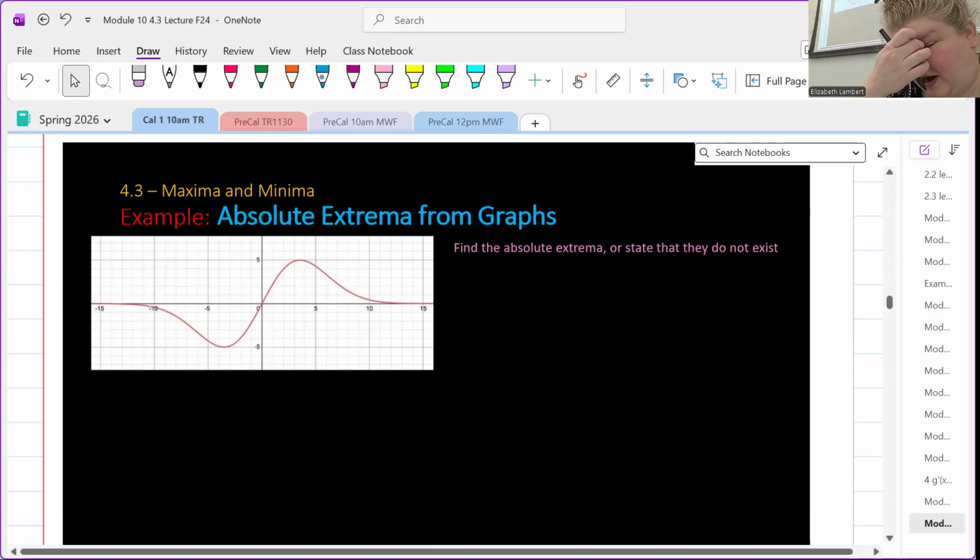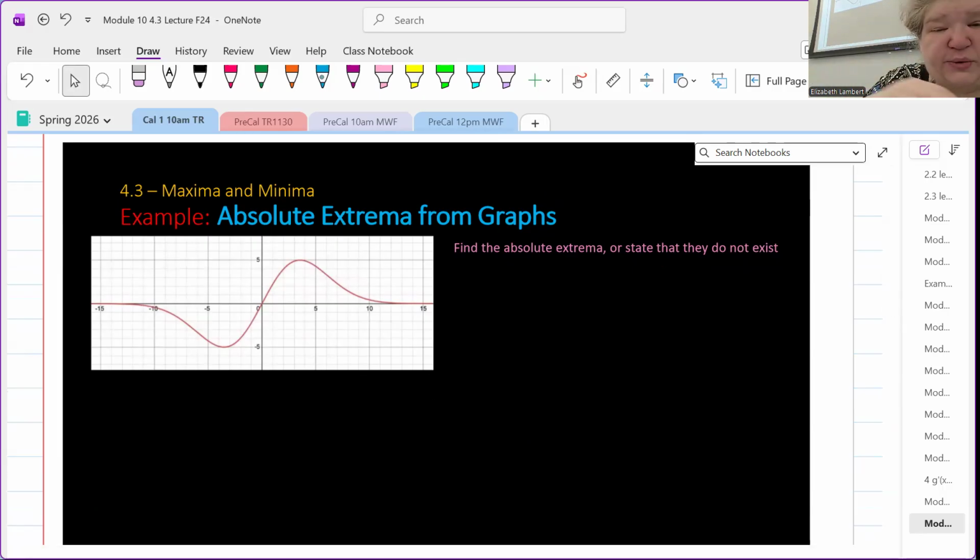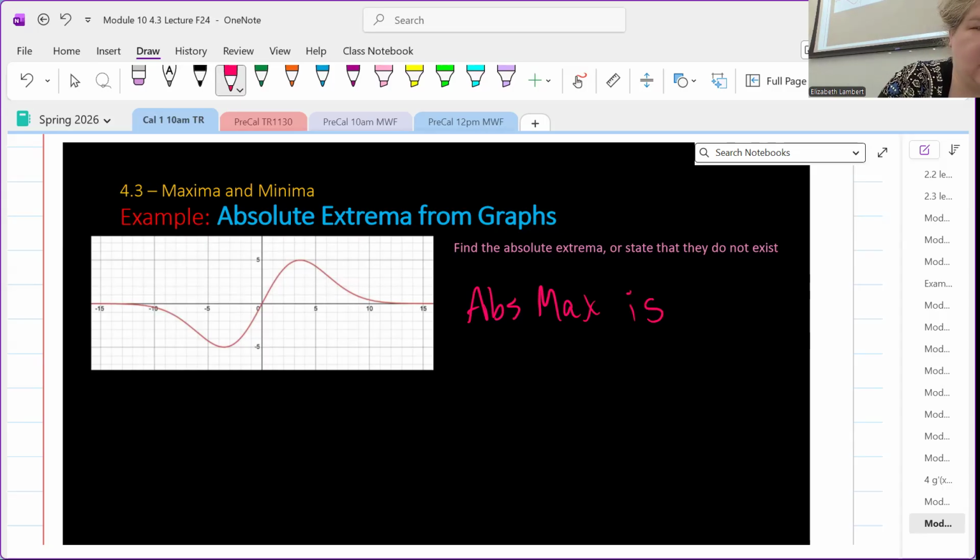All right, so this graph does continue on to infinity on either side. Like our domain is all real numbers here. But looking at our graph, our absolute max, highest the graph gets, somewhere around here, is 5.